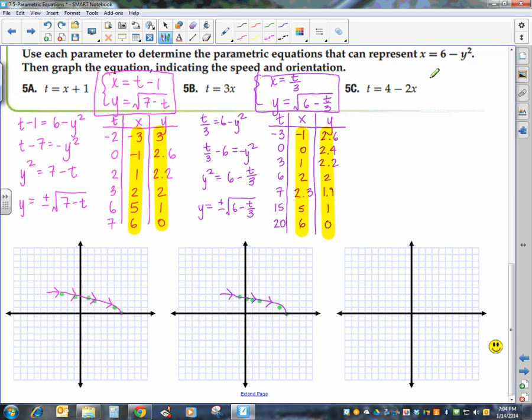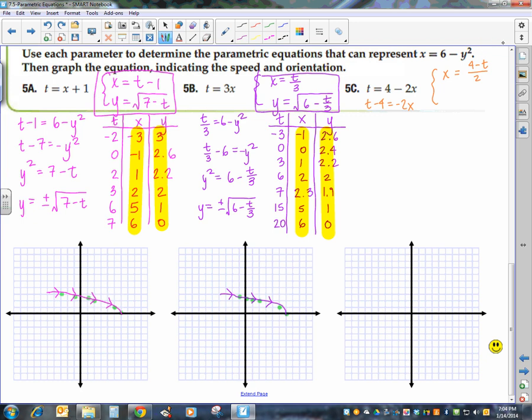Okay, so for the last one, again, solving for x in that top equation. Let's go with t minus 4 is equal to negative 2x. So x equals 4 minus t over 2, when you divide by the negative 2, okay?